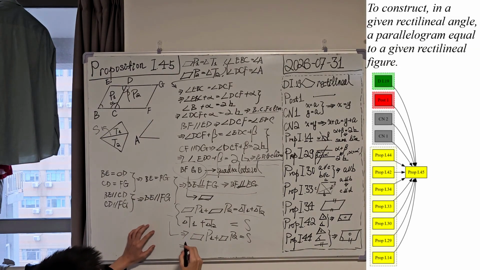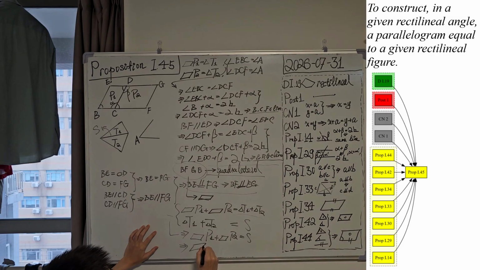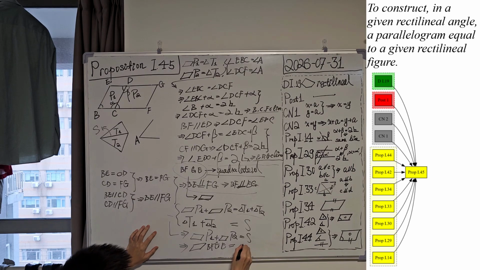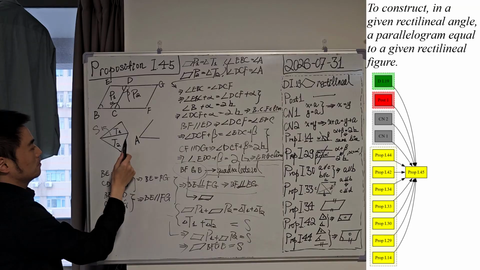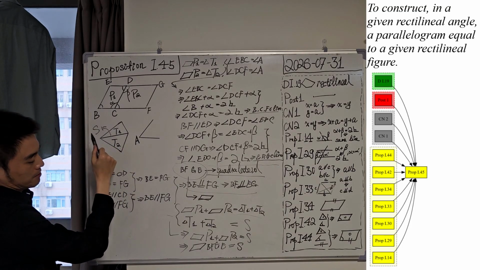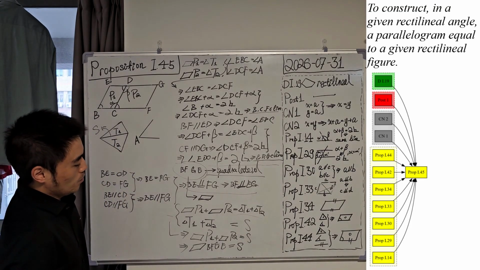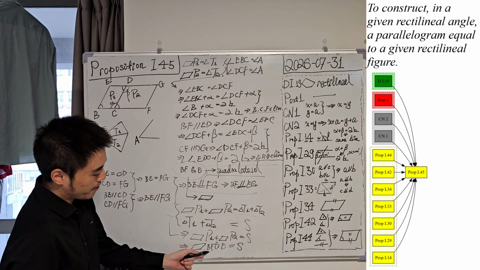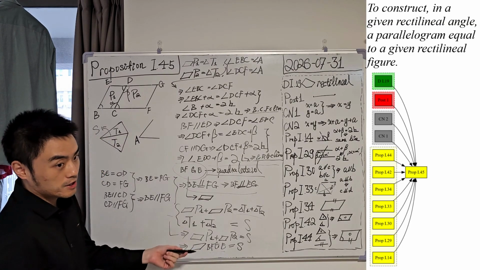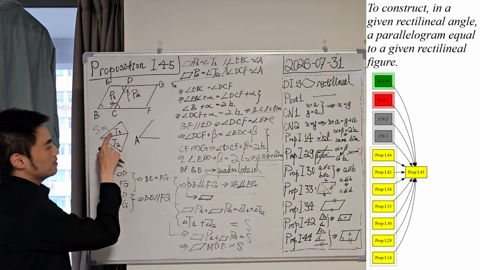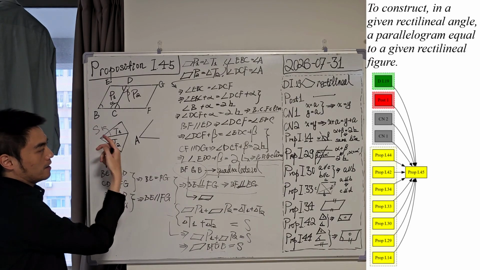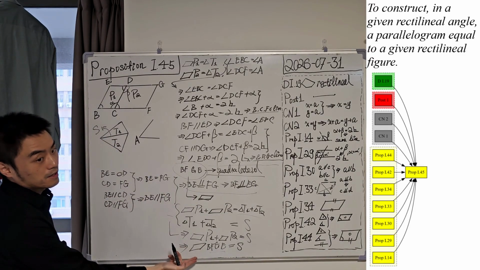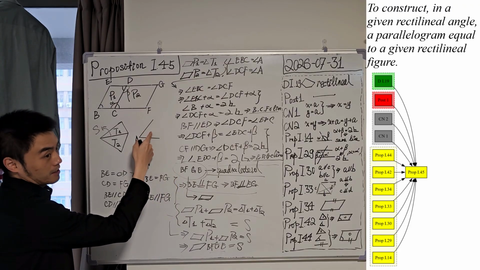we can conclude that parallelogram BFGE will be equal to S, which is the multilateral figure we are given. That's great. So we have constructed the parallelogram BFGE, which has the same area as the given multilateral figure, and it is in the given rectilineal angle, right?